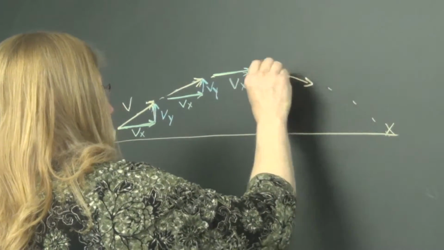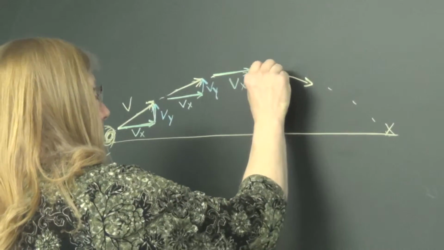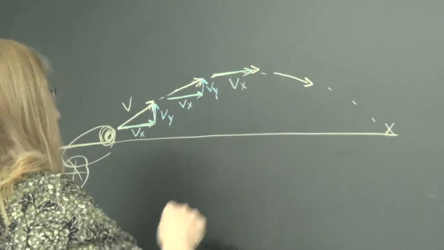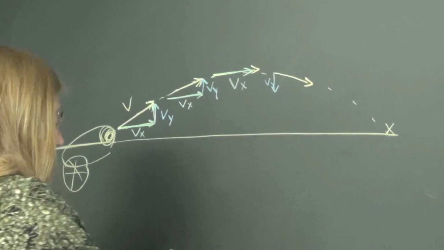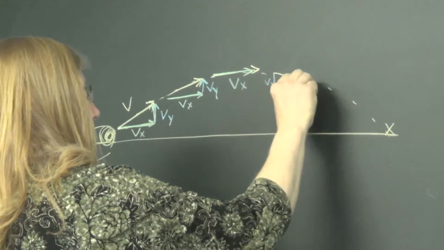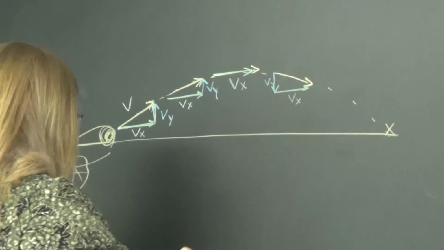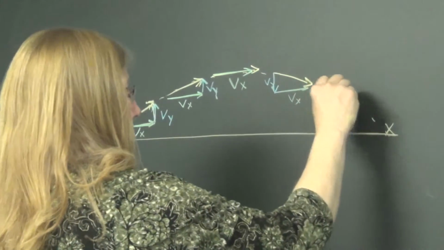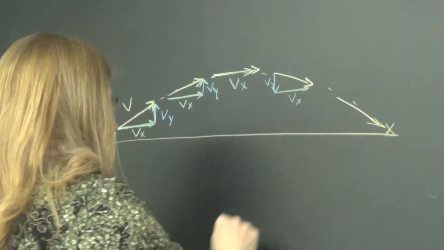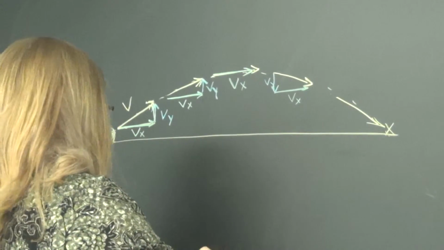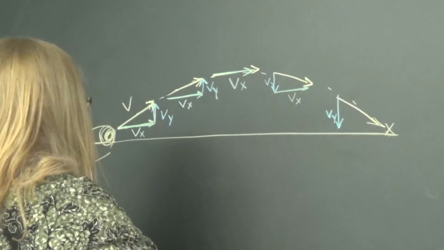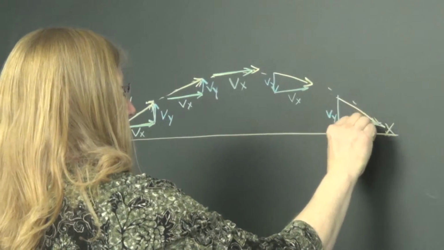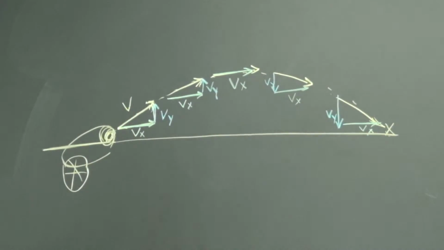And I'm sorry, I should have had this up. Slows us down, but right with you. So that's V sub y and V sub x. And I've got one more to do. V sub y and V sub x. Alright, mine looks a little lopsided.